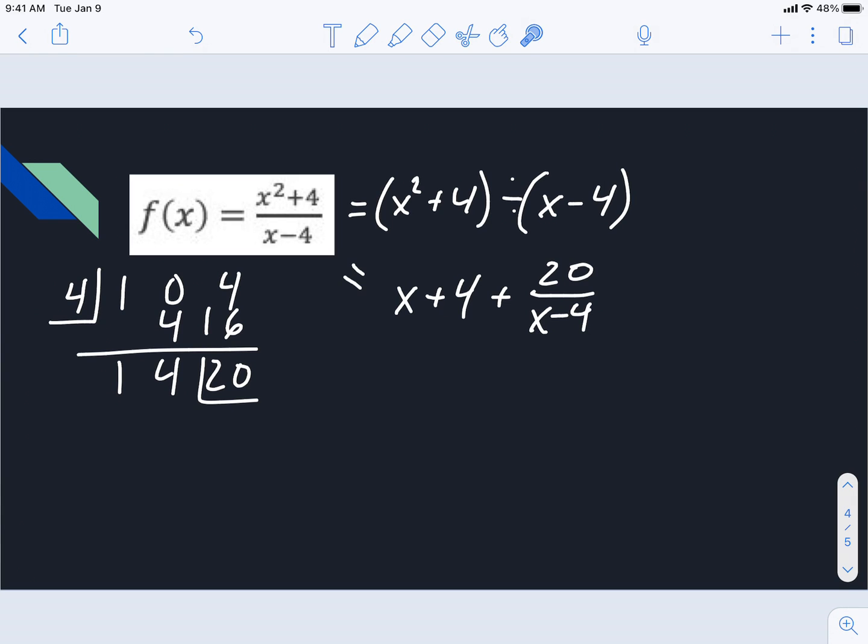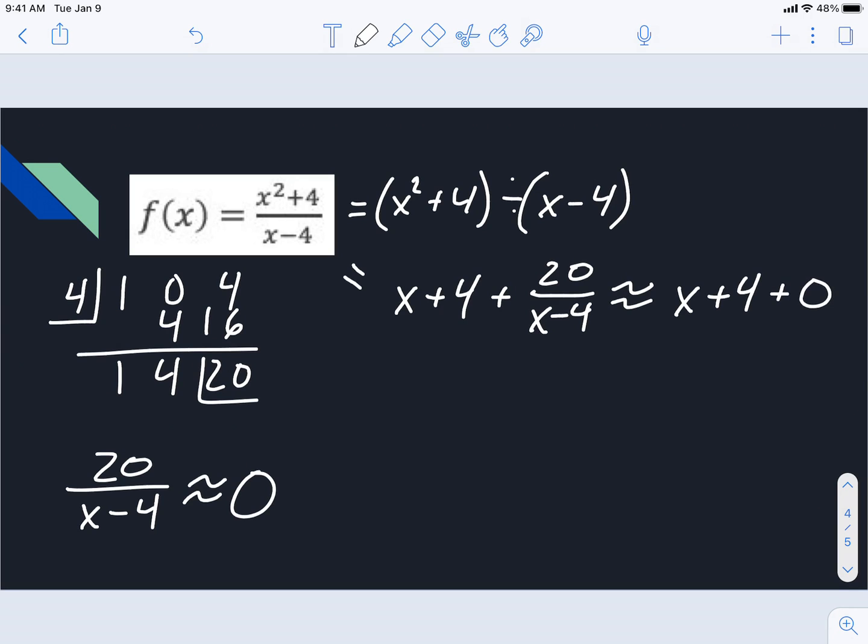Well, guess what happens to this 20 over x minus 4 at sufficiently large values of x? It basically becomes 0. Again, it doesn't completely become 0. It's always just a little bit off from it, but it's basically the same thing as 0. So that means this function is pretty much equal to x plus 4 plus 0, or just x plus 4.